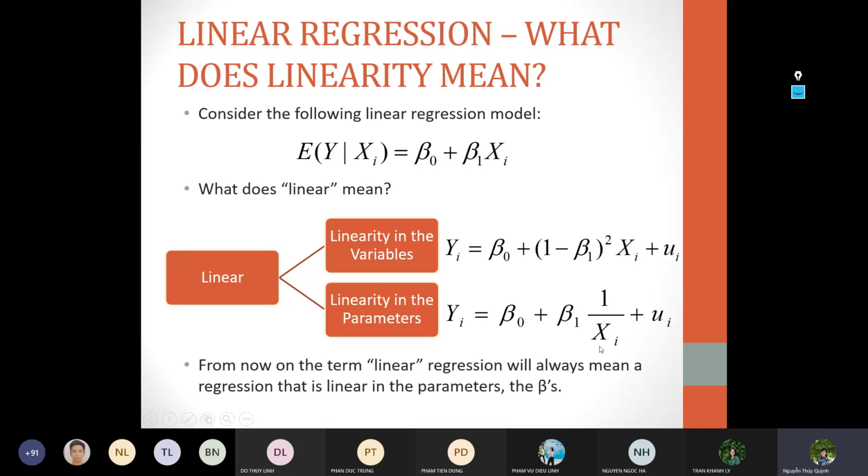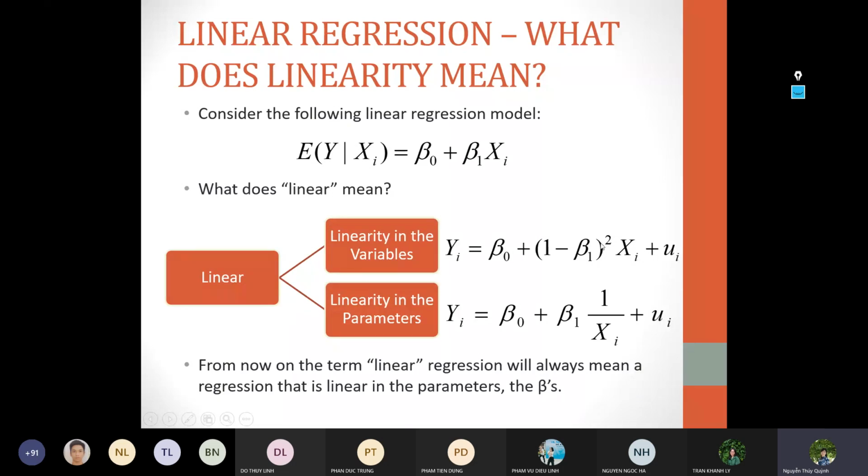This model is linear in the parameters, but it is not linear in the variables. The upper model is linear in the variables, but it is not linear in the parameters because beta 1 has the power of 2.